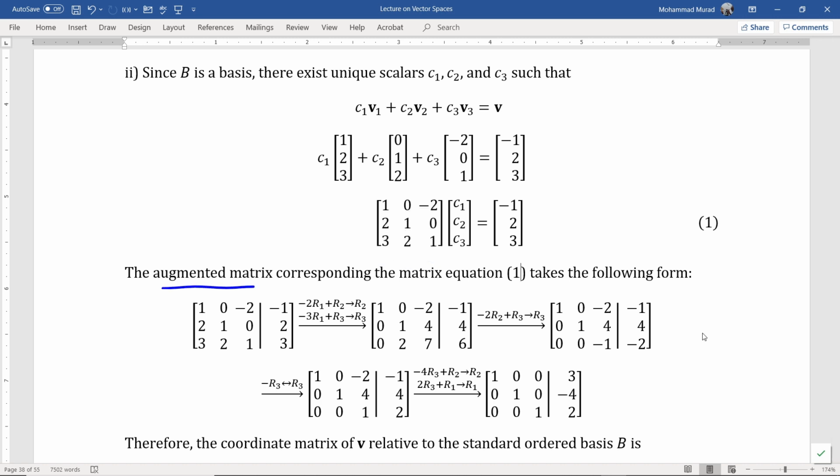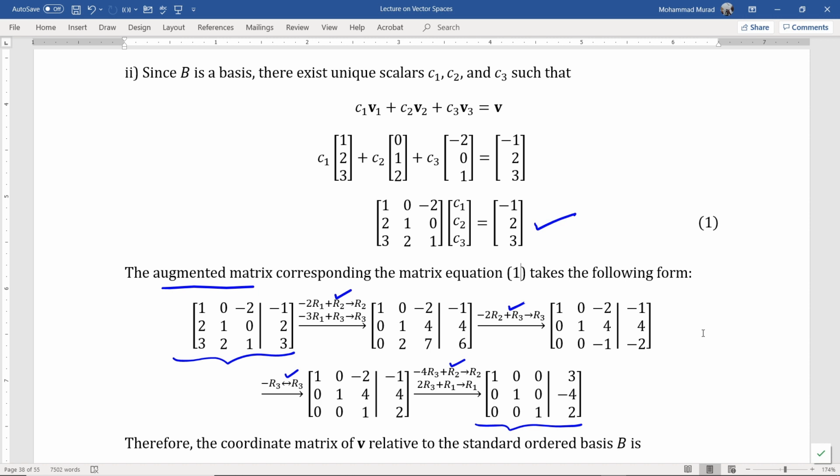The augmented matrix corresponding to the matrix equation 1 takes the following form. And if we apply a sequence of elementary row operations as shown, we can reduce it to this reduced row echelon form.